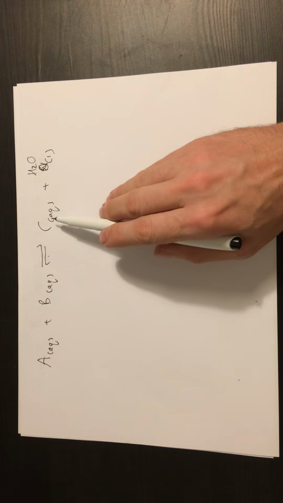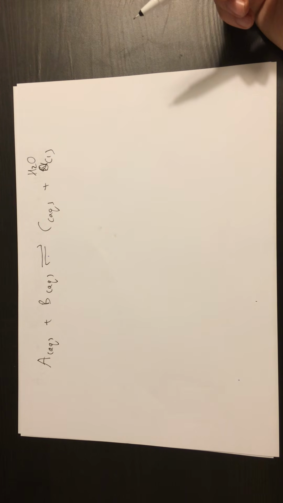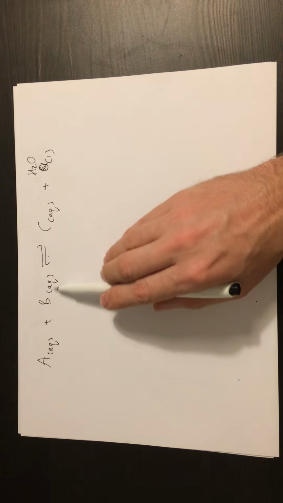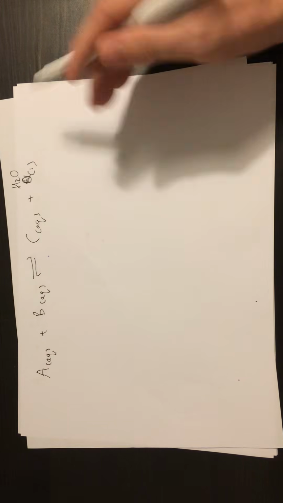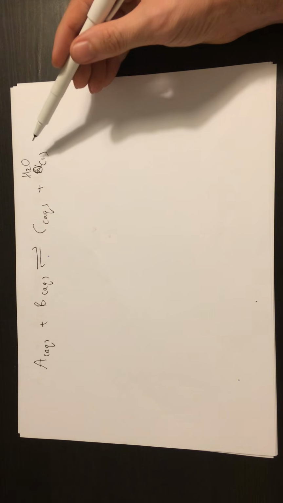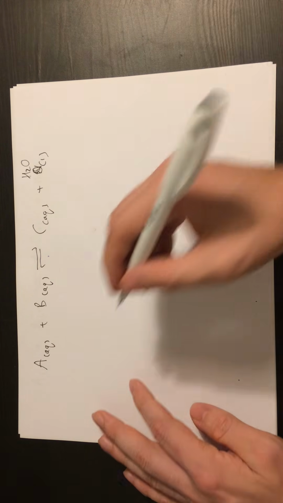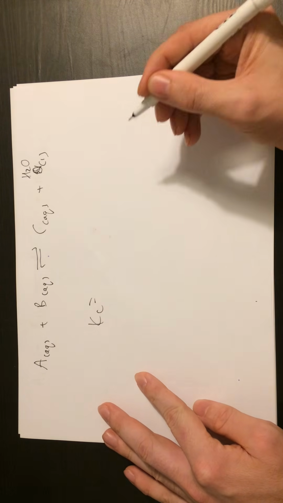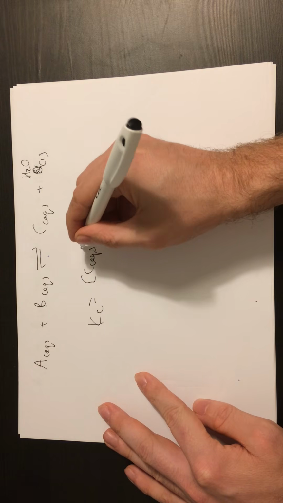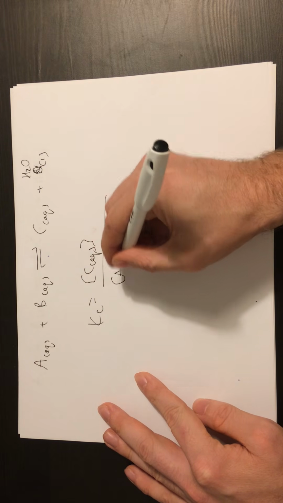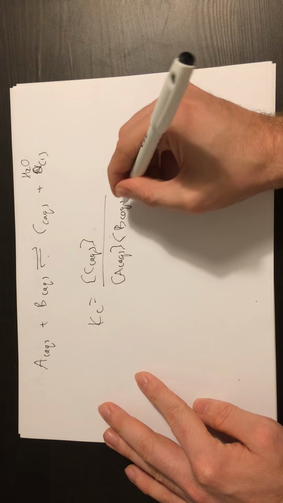And that's because if these other chemicals are aqueous, dissolved in the water, if I start changing the concentration of these, it's going to have a negligible effect on the concentration of the water. The concentration of this water is effectively going to remain constant. So again, our Kc expression would not include water, so that will just be C aqueous over A aqueous, B aqueous.